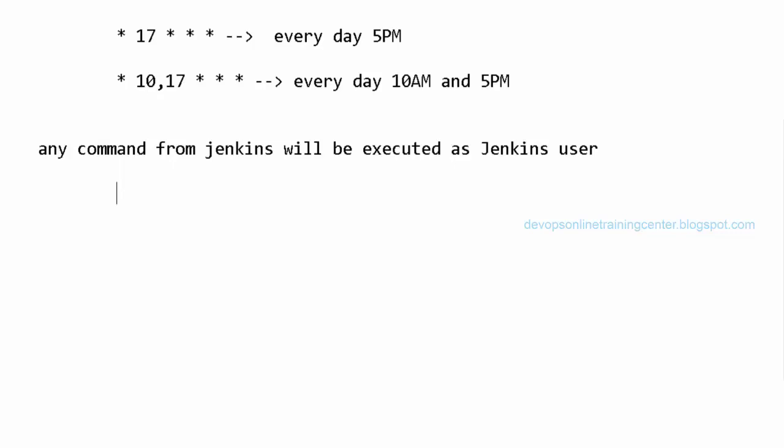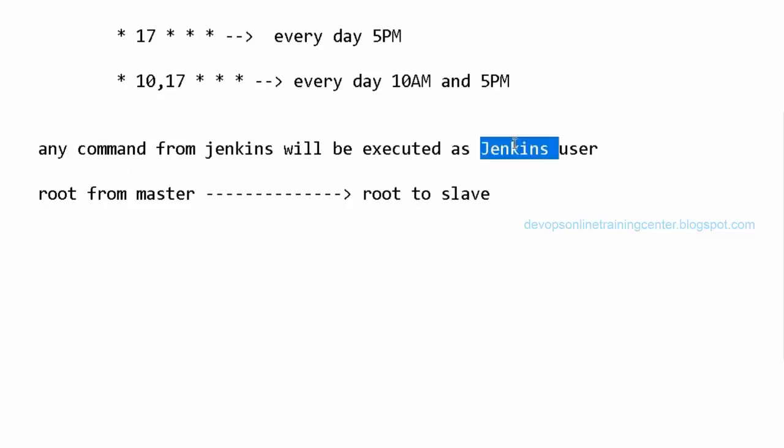But what did we set up? The setup is for root, right? Ansible master talks as root to the slave. Since I am running as the Jenkins user, it will definitely fail because there is no passwordless authentication between the master and the slave as the Jenkins user, but it is set up as root. That is the reason why I am giving the password here.